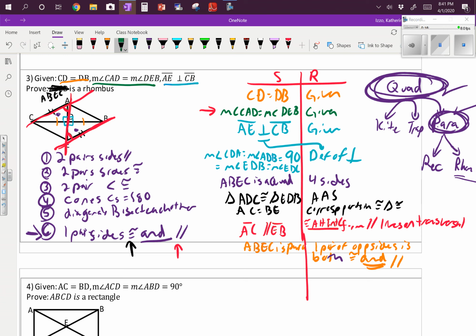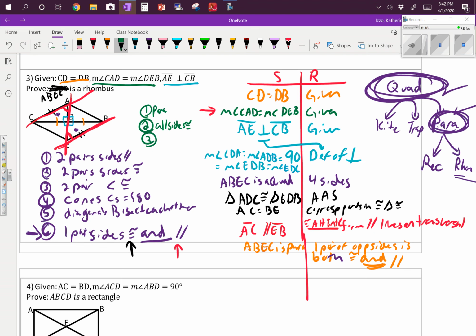So what makes a rhombus? 1, it needs to be a parallelogram. We've got that. 2, what makes this parallelogram a rhombus? All sides congruent. Well, we don't have that, so that's annoying. We might be able to get it, but it would be very tricky.